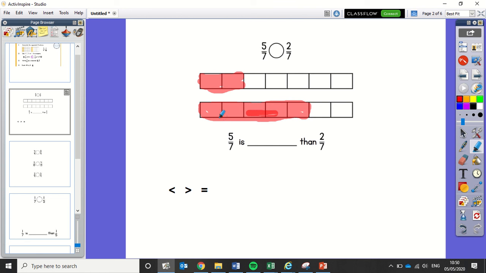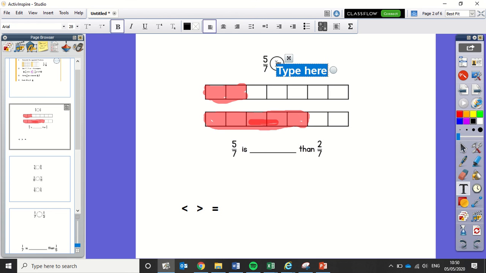And obviously we can see that 5/7 is greater. So we would use this symbol, because my crocodile will want to eat the 5/7 rather than the 2/7. And then here, I just write, is greater than 2/7.